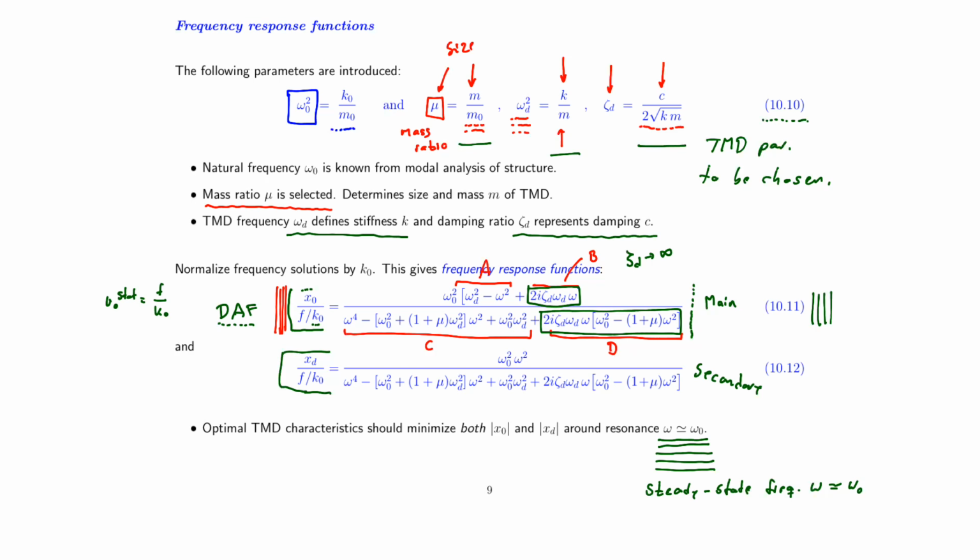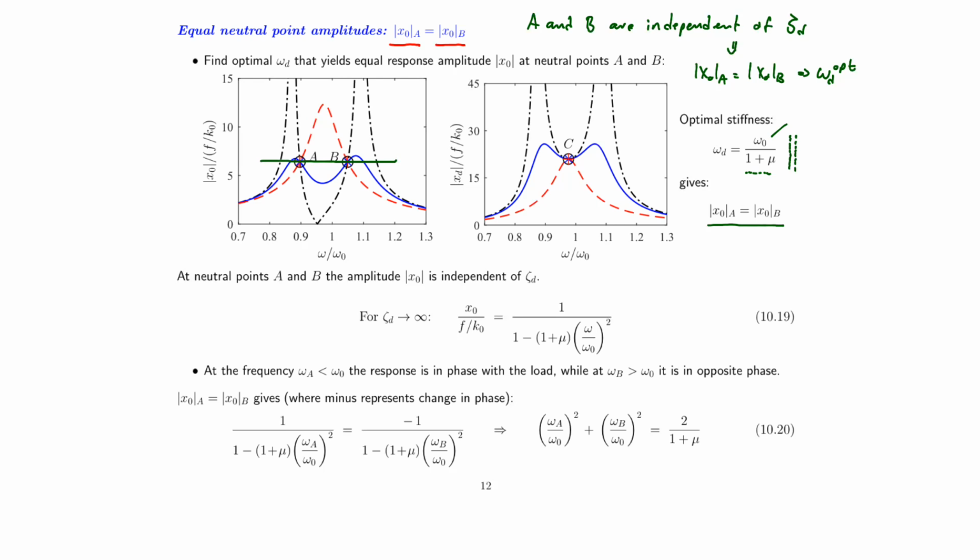And in these two damping terms, we can cancel 2i theta d omega because they're common in the two terms. And what is left is a very simple expression once we have divided by omega 0 squared. So the frequency response function for the structure reduces to 1019 once theta d approaches infinity.